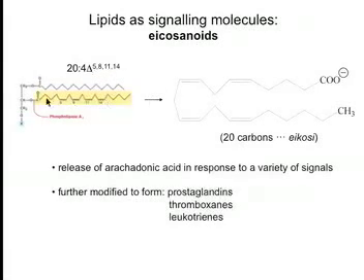And this molecule is liberated by a phospholipase type A to reveal this eicosanoid. So this is a 20 carbon lipid known as arachidonic acid, and this can form this kind of interesting structure.